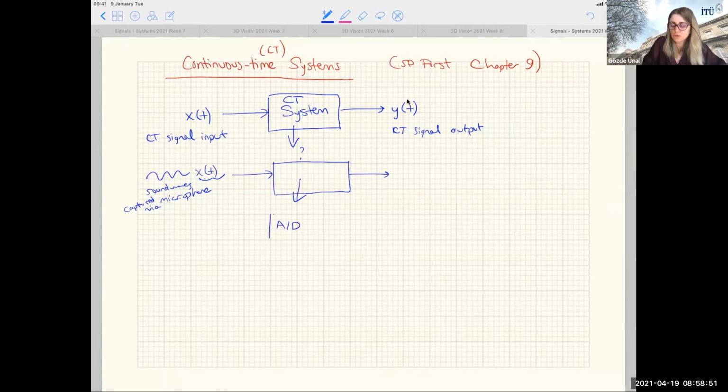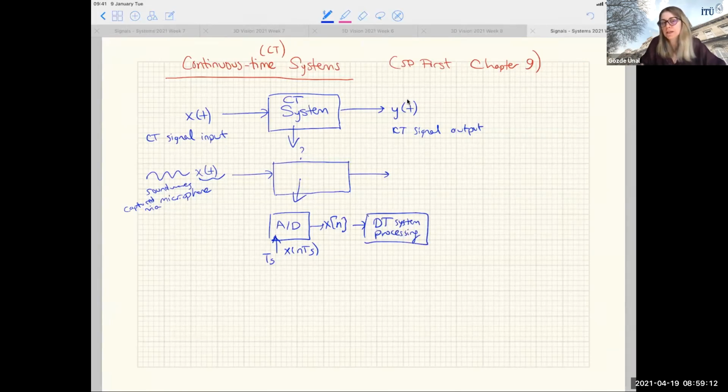There is an analog to digital converter. Remember, we go to x of nTs, with a sampling rate parameter. We go to a discrete time signal. We can do some discrete time processing through a system. What could happen to that music audio is up to you.